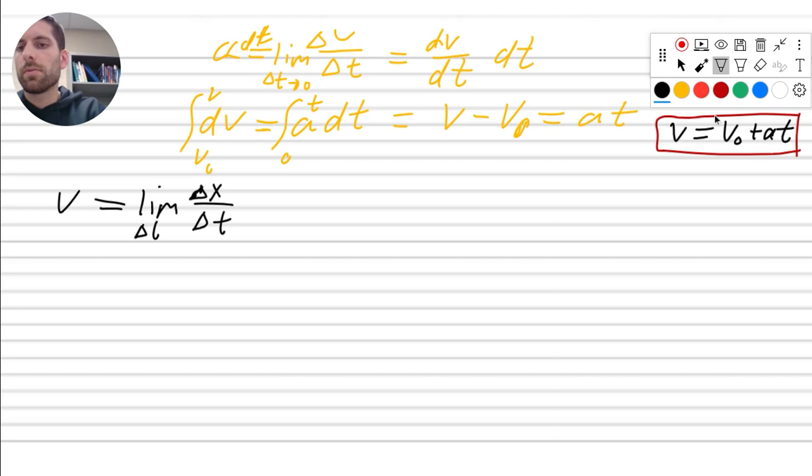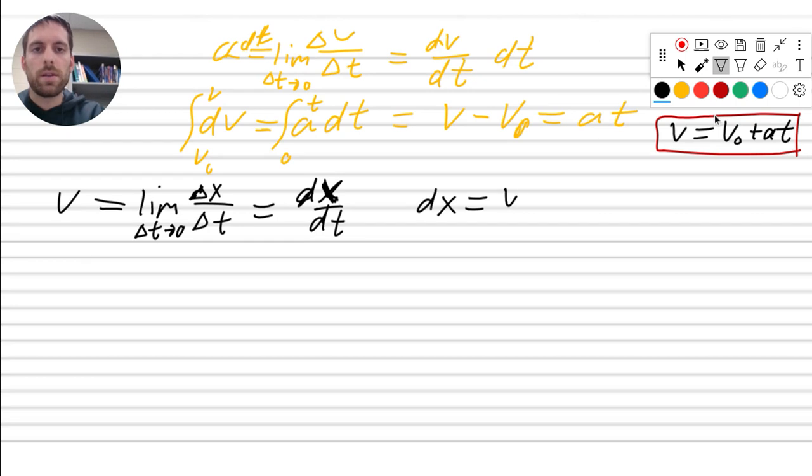Delta t approaches 0, and we get dx, not dv, over dt. Alright, this time around we'll multiply, put dx equals v dt, like so.